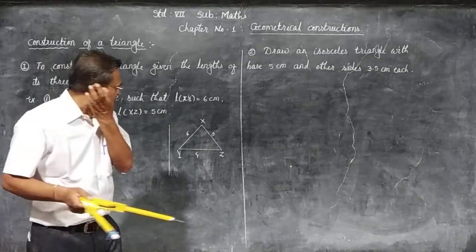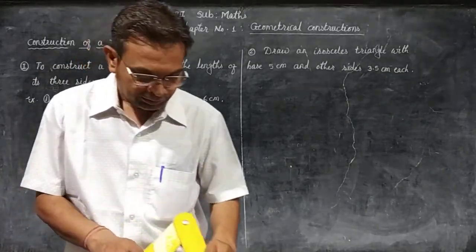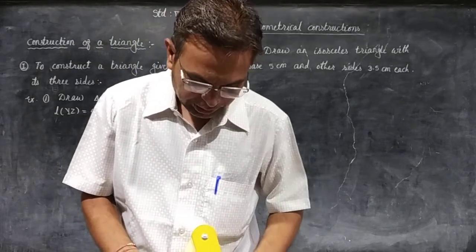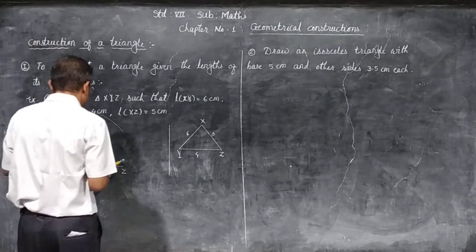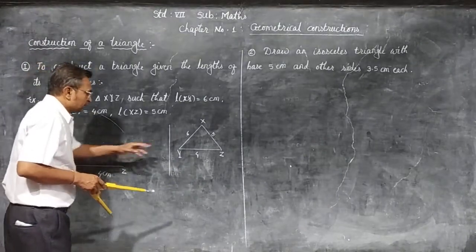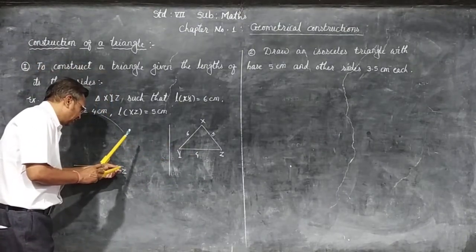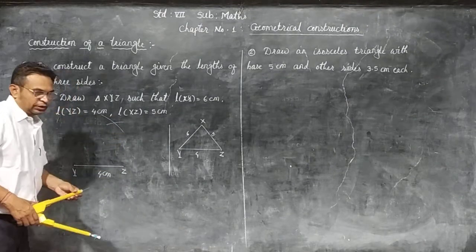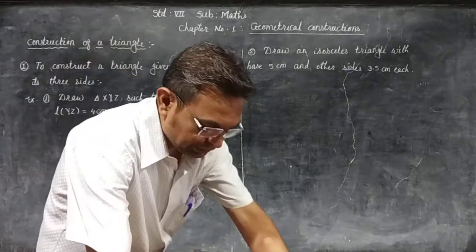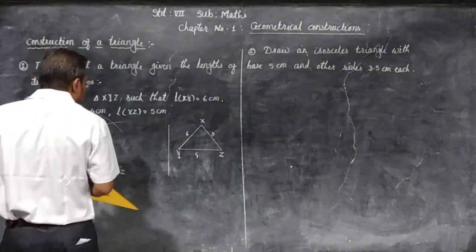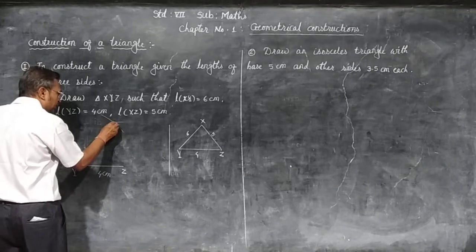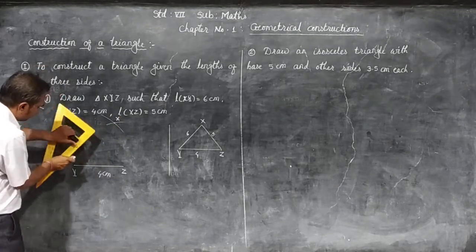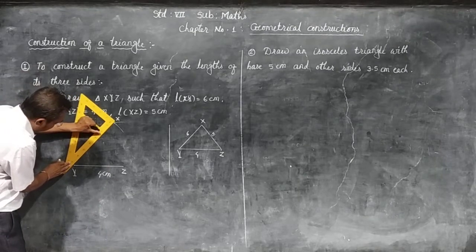Again, take distance 5 cm from the scale in compass and put the iron end on the vertex Z and make an arc. There we get a point. Name that point. What is this vertex? X. And now join point X and Y.